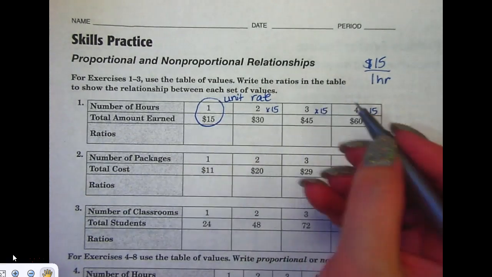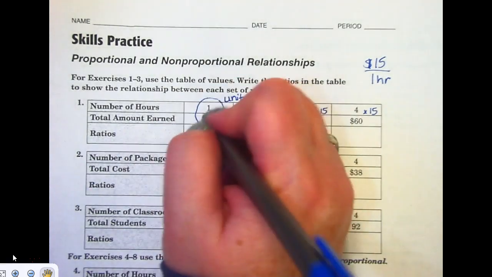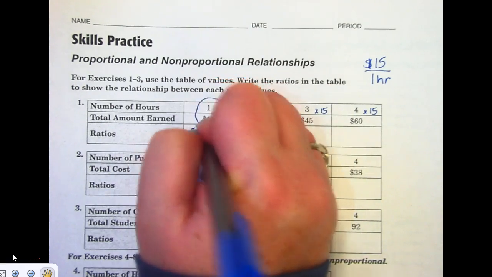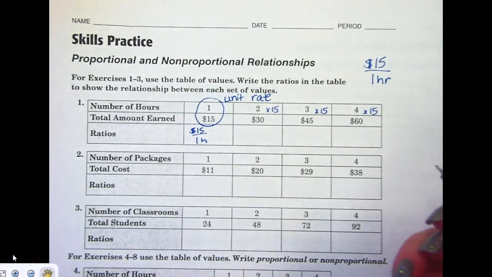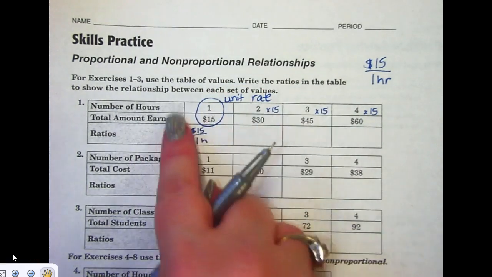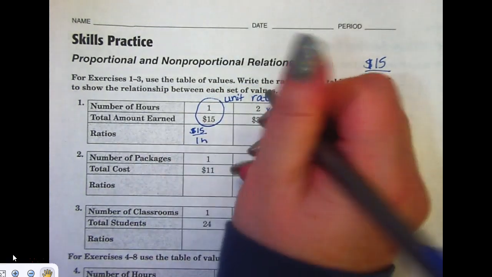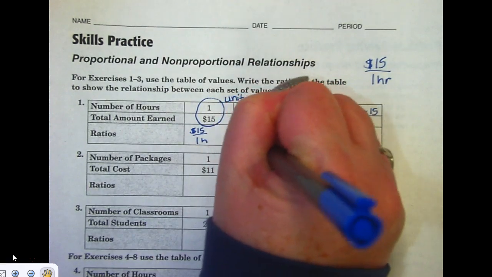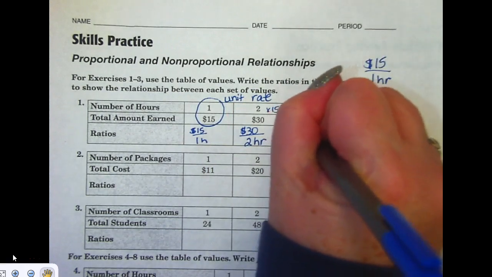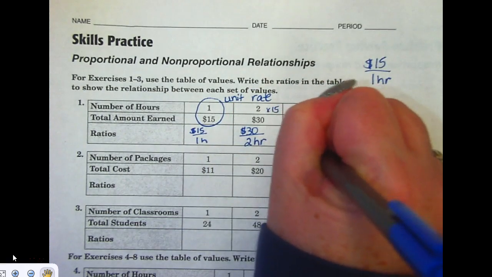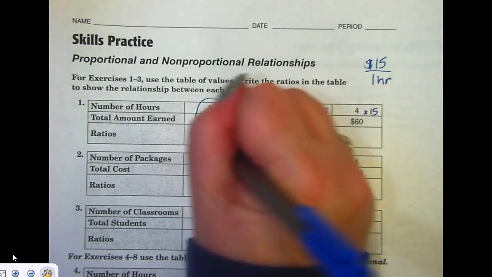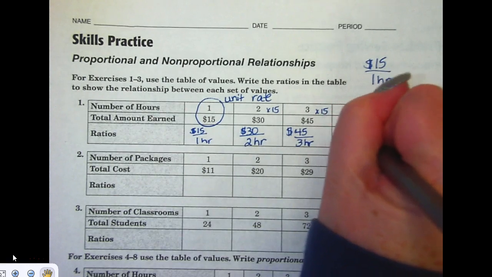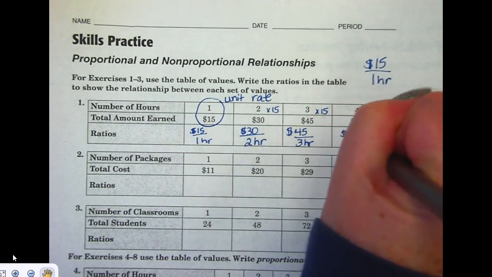But you can also tell, we could write the ratio of, I'm going to change mine to $15 for 1 hour, because I like the unit rate to look like a unit rate. And $30 for 2 hours, $45 for 3 hours, and $60 for 4 hours.